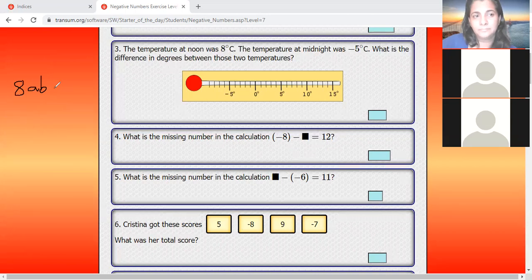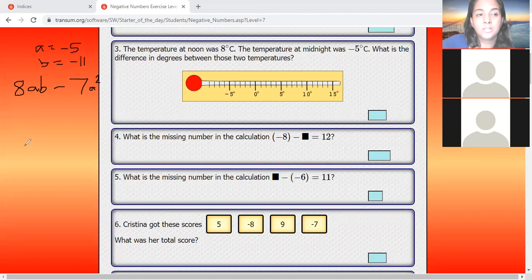8ab minus 7a squared. The value of a is negative 5. The value of b is negative 11. What is the problem?